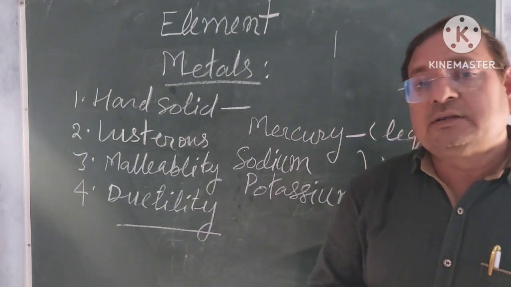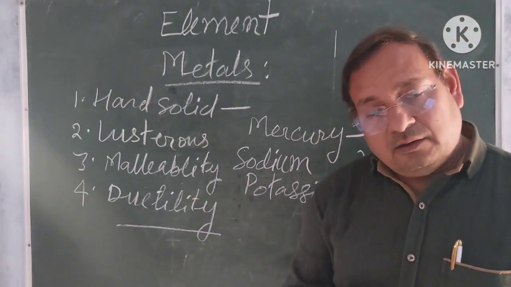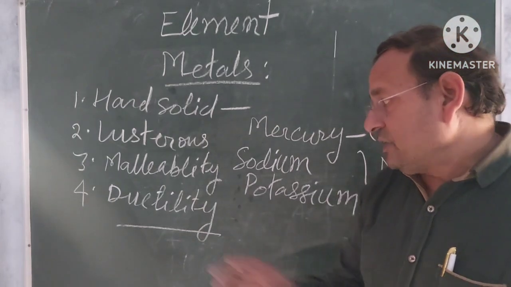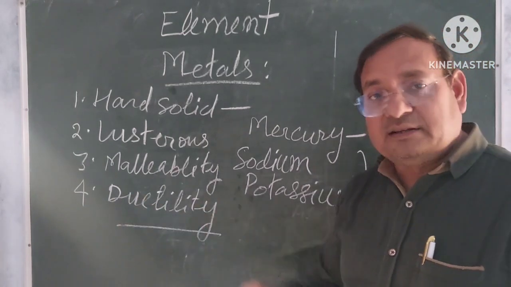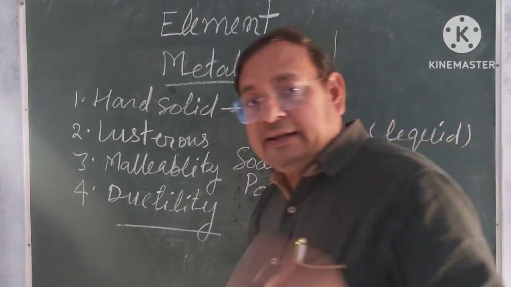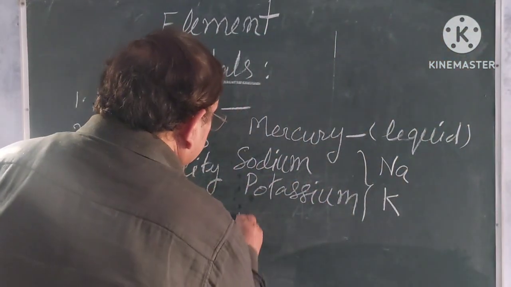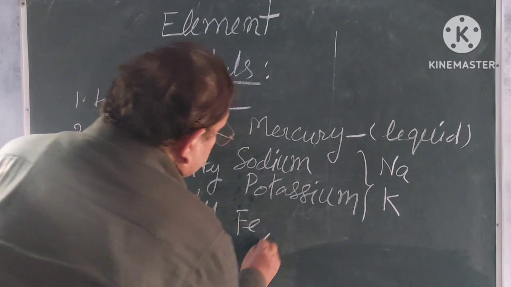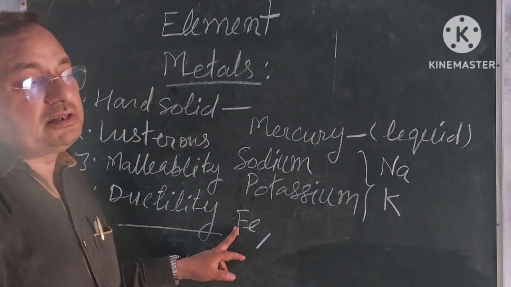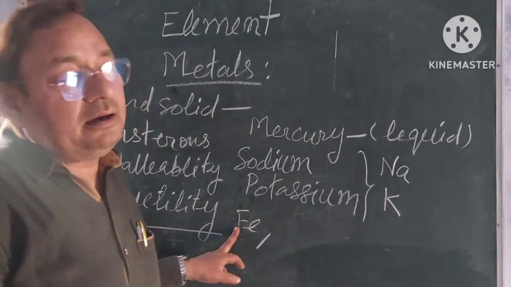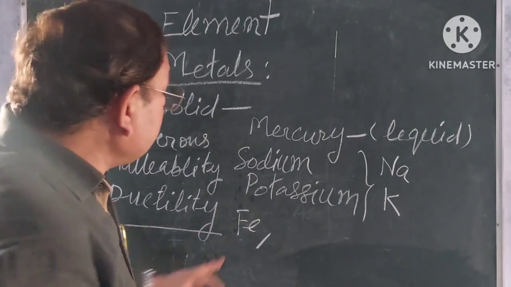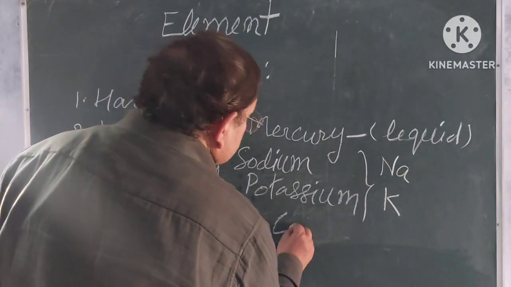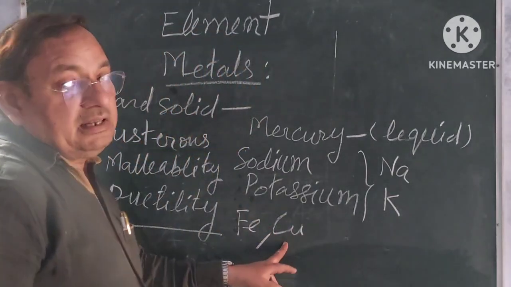My dear students, you have to know the examples of ductile metals. Iron, Fe. Iron is ductile because iron also can be changed into wire. Copper, Cu. The symbol is Cu.